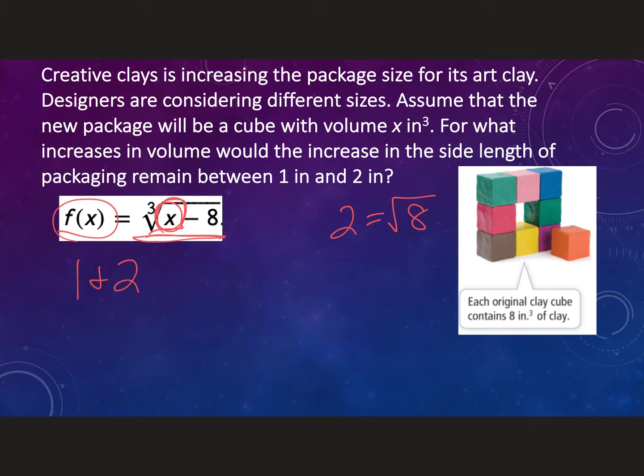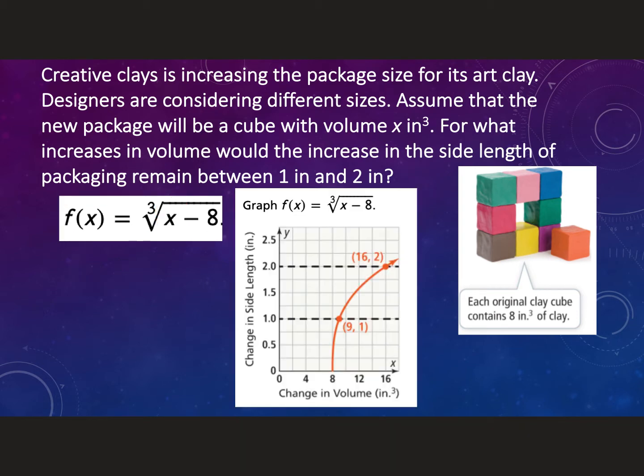We can go ahead and put this in a graph. When x is 0, our volume was 8. At an x value of 1, our volume is 9. At an x value of 2, our volume is 16.